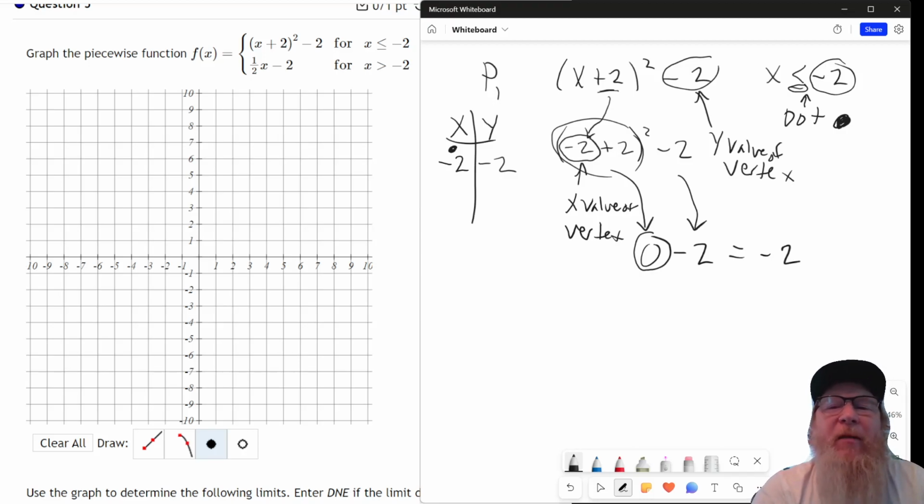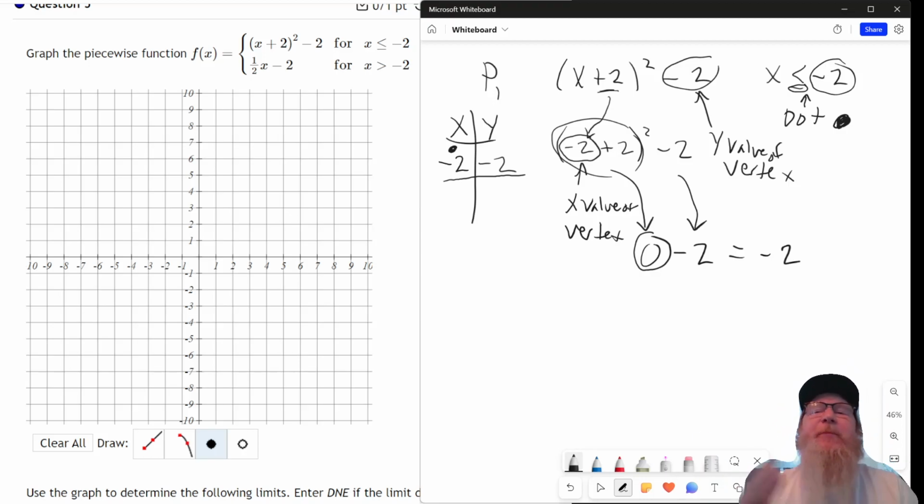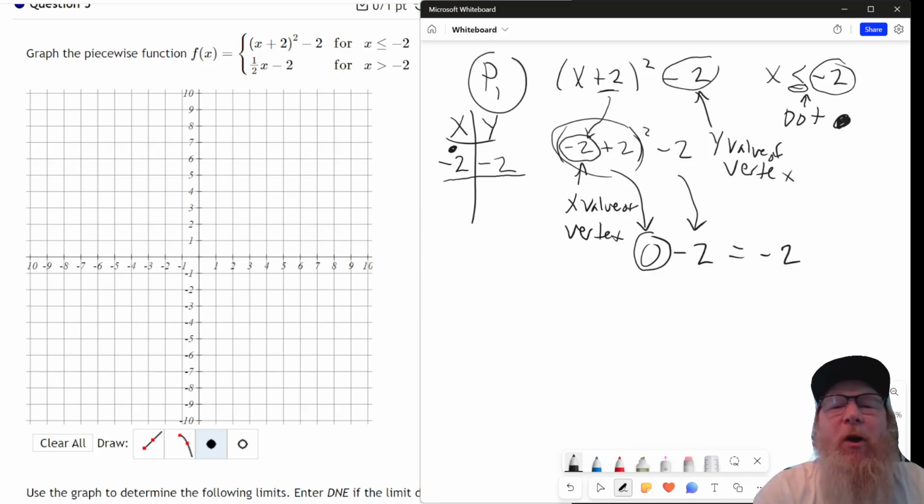I don't know how much more helpful that is than just having it in the other form, the expanded, or also known as standard form, in which there's no parentheses. It's really a matter of opinion, a matter of taste. So there's my P1.